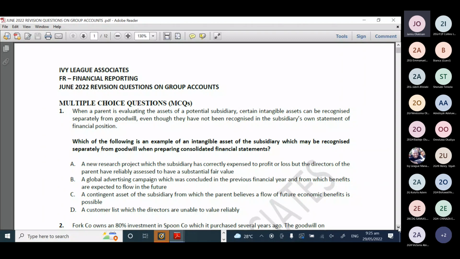There are two sets of questions we are going to use. We are going to use multiple choice questions, and we are going to use practice questions as well.